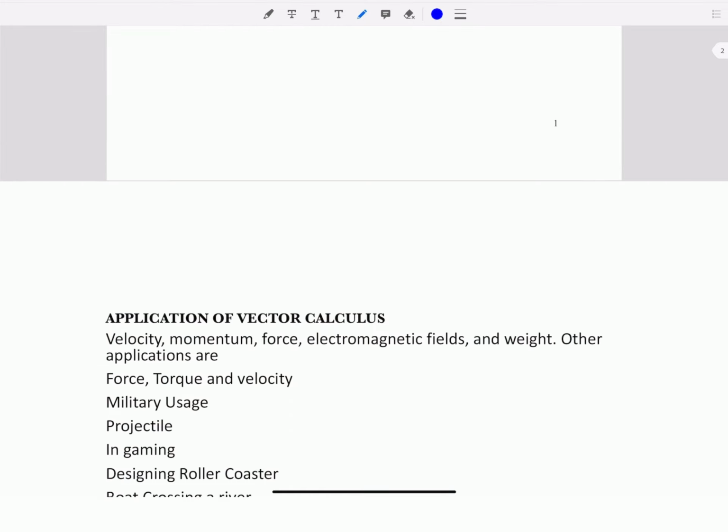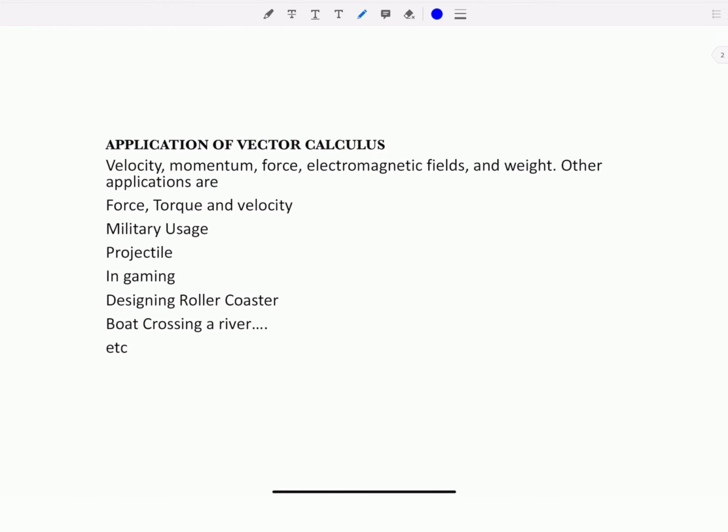So basically we have some applications in vector calculus, where we can calculate the velocity, the momentum, the force, and the rest, in military usage, projectiles, in gaming, and so on.